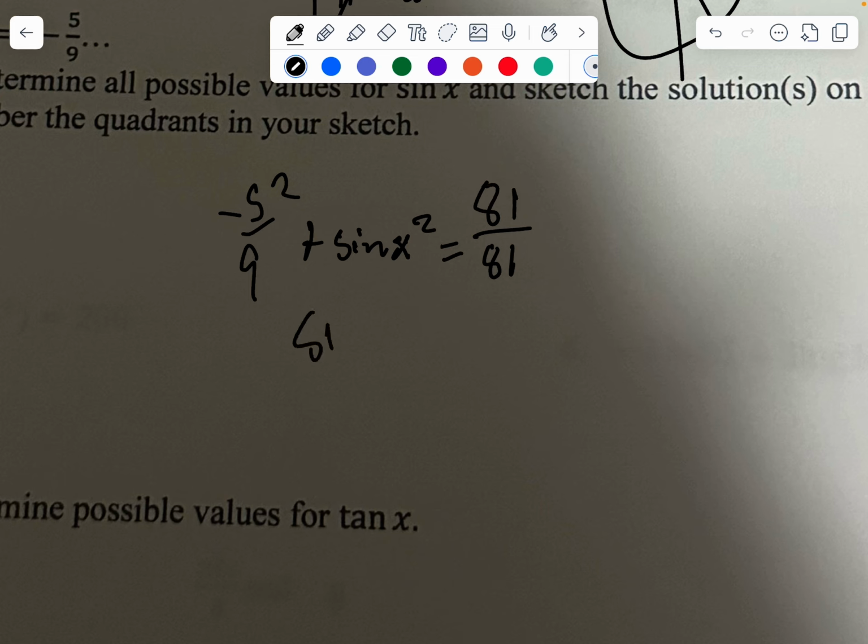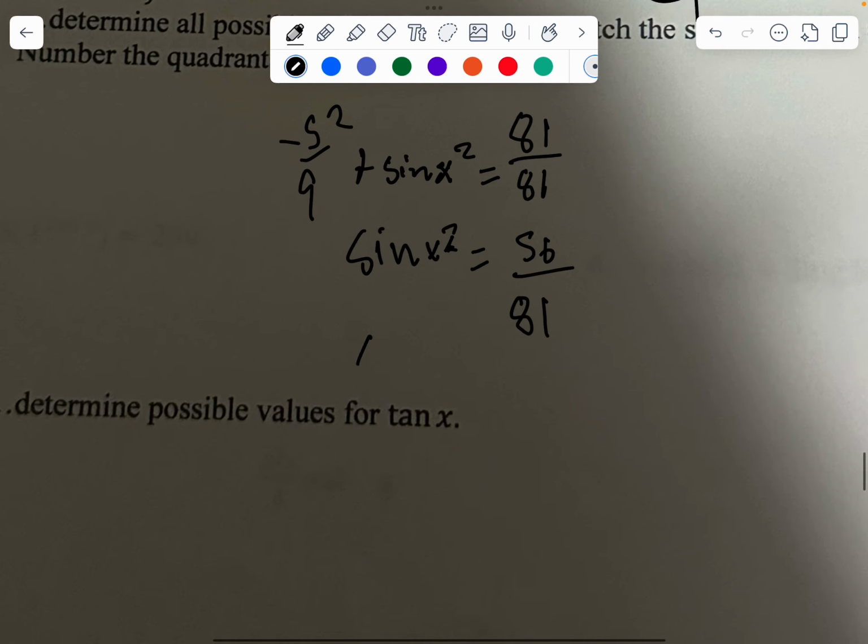Sine squared x equals, we subtract 25 from 81 and get 56. Now take the square root: sine x equals plus or minus square root of 56 over 9.